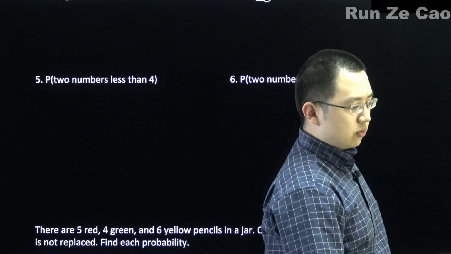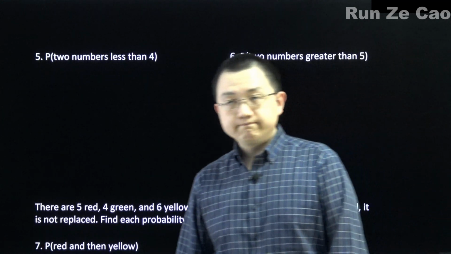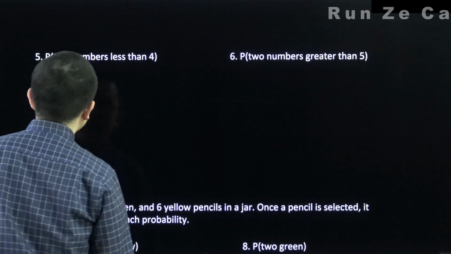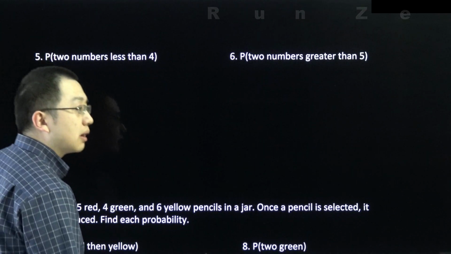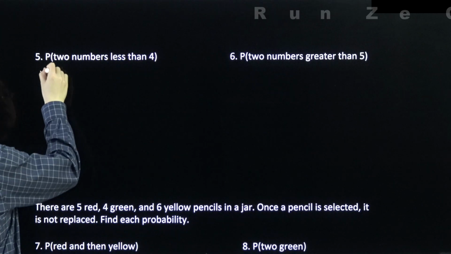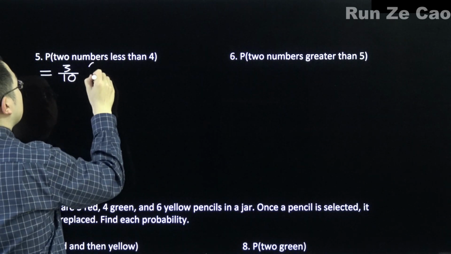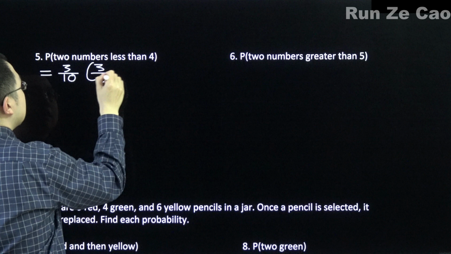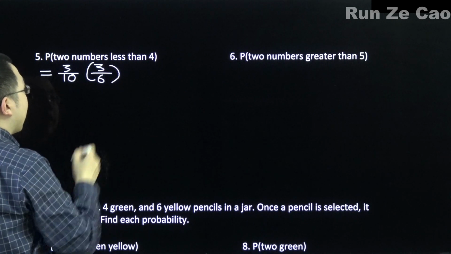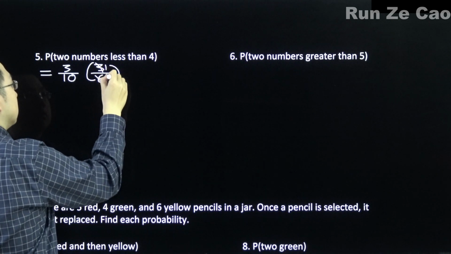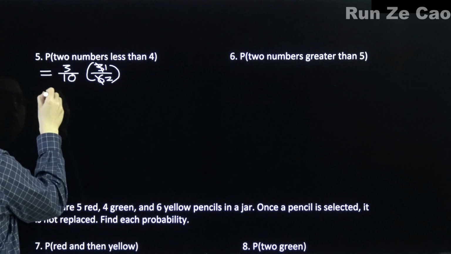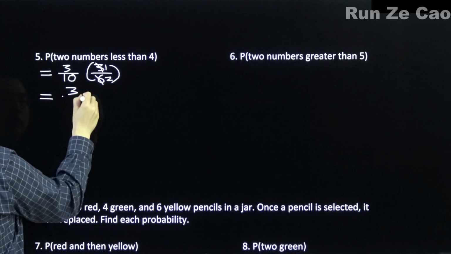Now, let's say we have two numbers less than 4. Well, the chance of the first one being less than 4, because it's numbered 1 to 10, is 3 in 10, multiplied by 3 in 6, or 1/2. So, we're looking at 3/20.